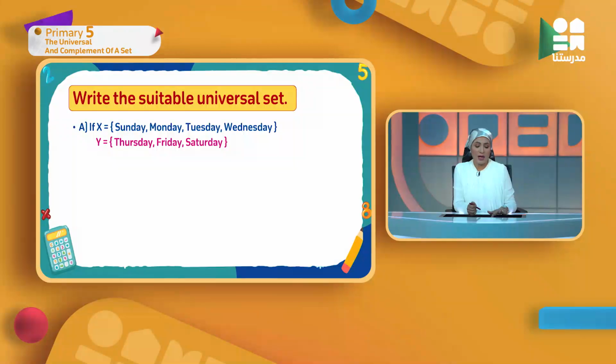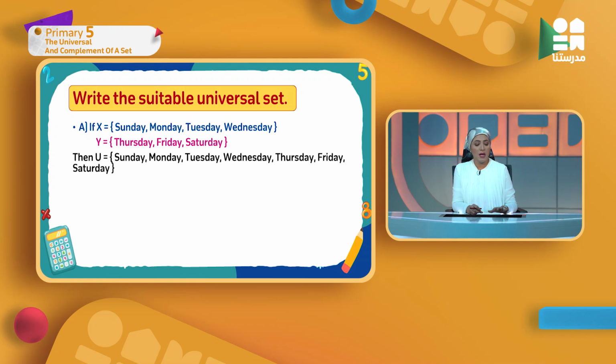So here, I want to know the universal set. And as we said before, the universal set is the mother of all sets, so all the other sets are found in the universal set, or the U. So here U equals Sunday, Monday, Tuesday, Wednesday, Thursday, Friday, and Saturday. It has all the days of the week. Okay?